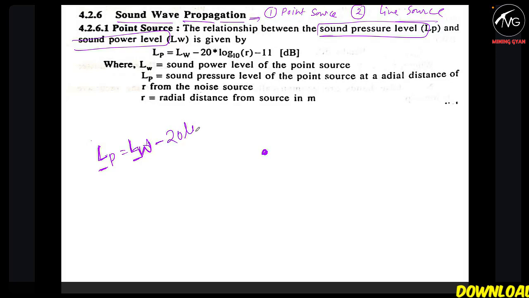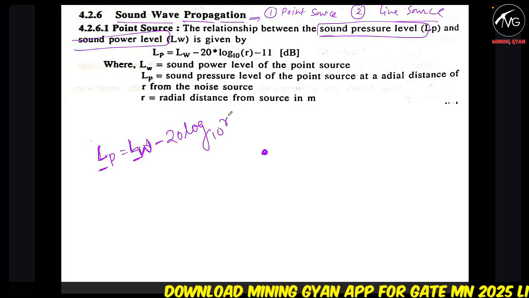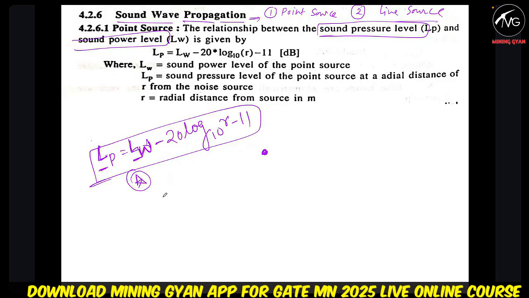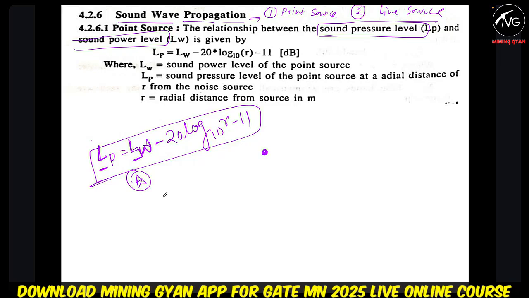Minus 20 log 10 r minus 11. This formula you should remember. The relationship between sound pressure level and sound power level, the relation between both is this formula.